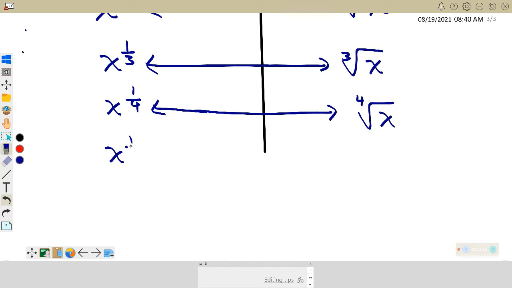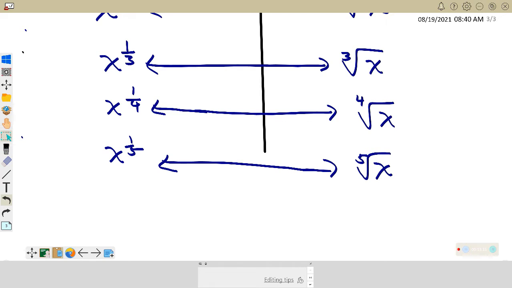X to the 1/5 power, what would it be? Oh, that's a 5. Fifth root of x. There you go. Fourth root, fifth root, cube root, square root. You with me? Awesome.